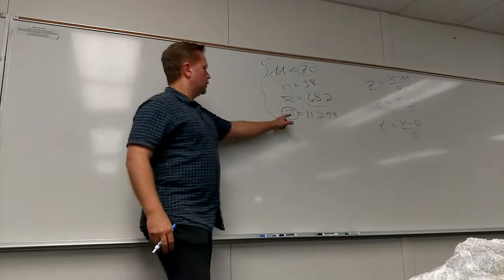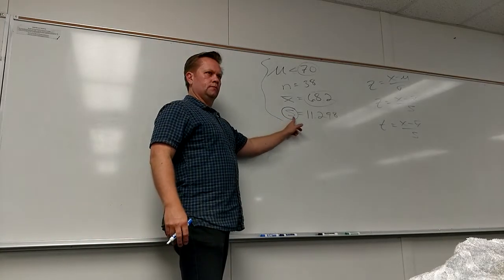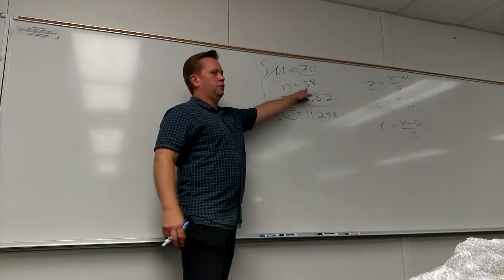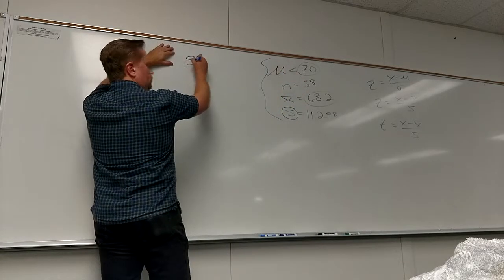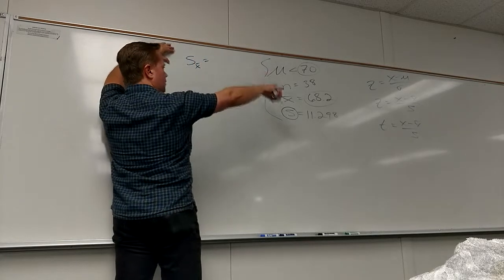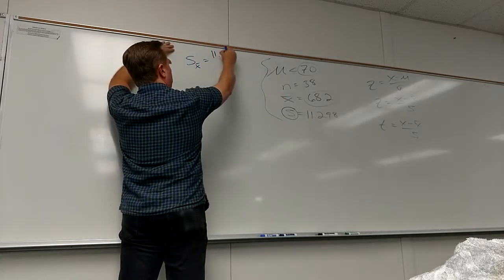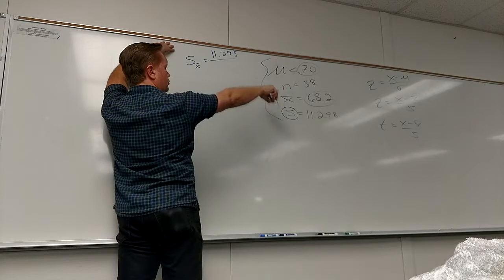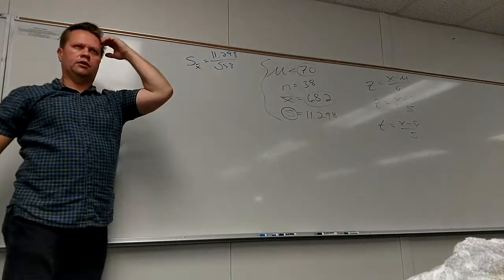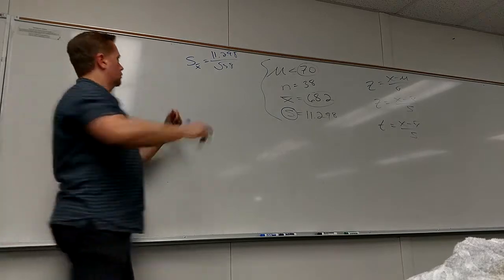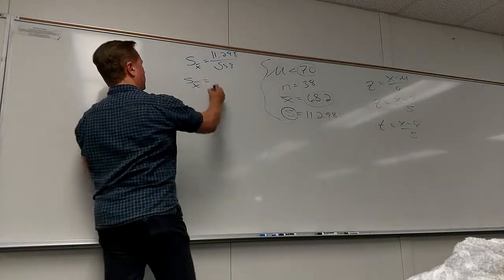What's wrong with using him? Isn't that the standard deviation for individuals? Yes, and I have a group of 38, right? So if I calculate the new standard deviation, it's going to be 11.298 divided by the square root of 38. So what do we get there? Somebody help me out.